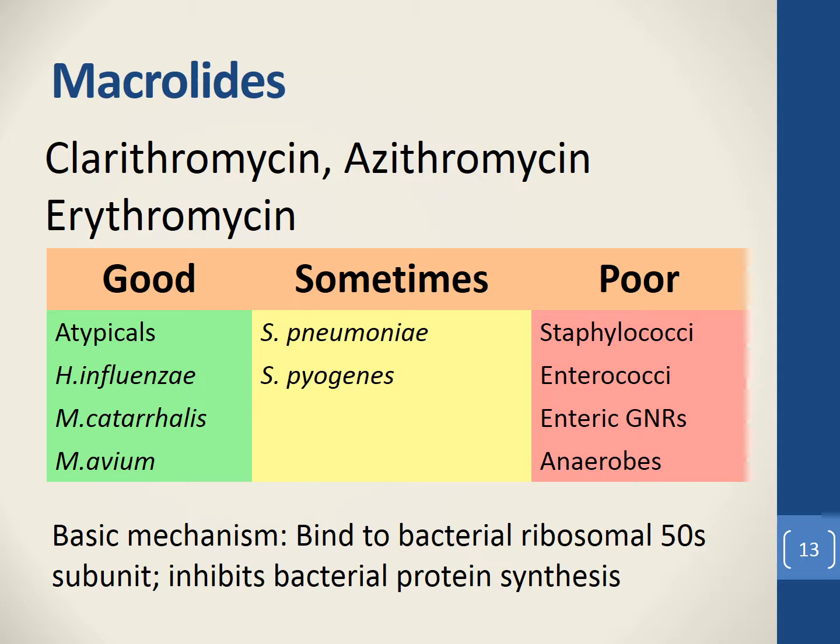They also lack coverage against staph and enterococci, and enteric gram negatives or Enterobacteriaceae are not covered, and they don't have anaerobic coverage. In terms of how these work, basically these are ribosomal agents as well. So you can see it's a different subunit. It's the 50S subunit. And like our previous discussion on tetracyclines, essentially they inhibit bacterial protein synthesis.